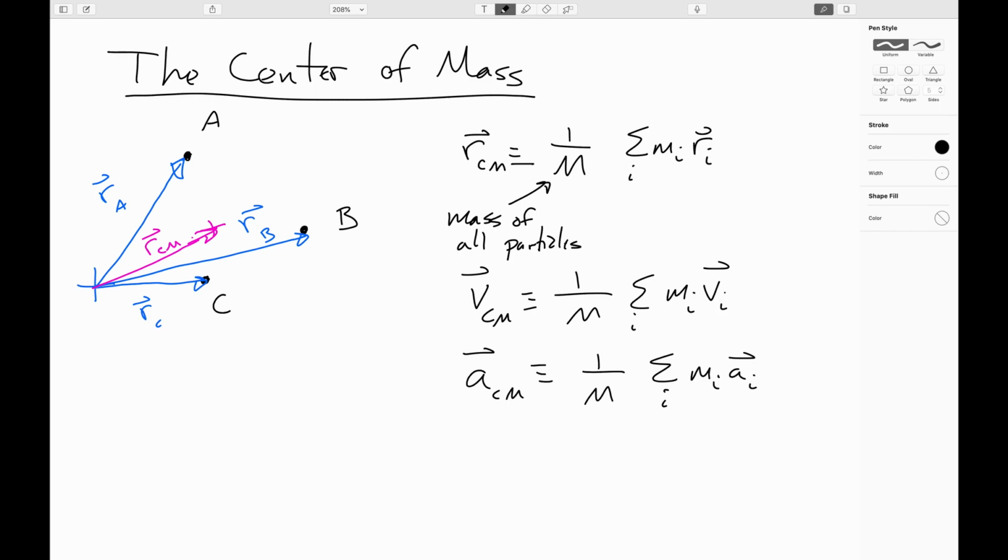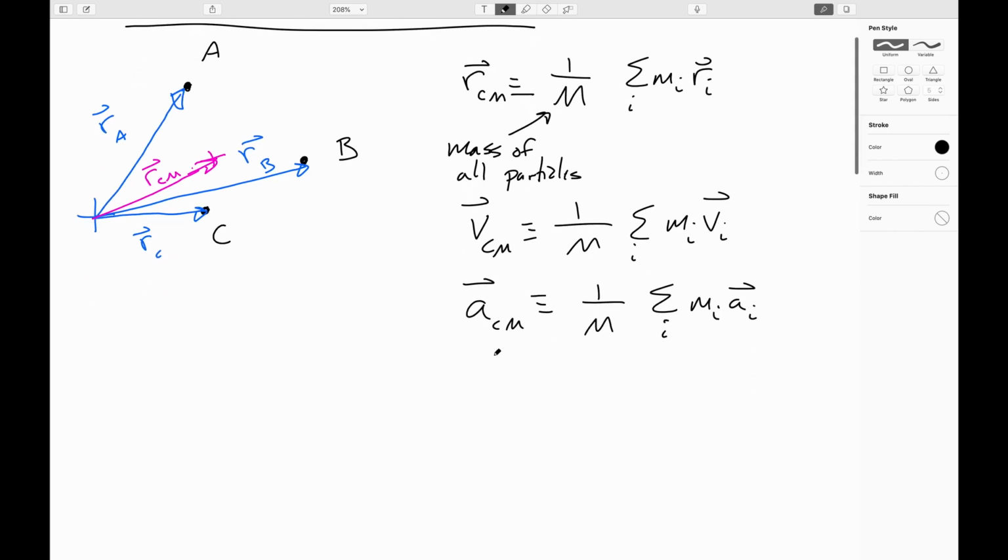So with that, just to make it a little more concrete, if we were working in components here, remember that our coordinates all have signs. The way you would find the x coordinate of the center of mass would be to take the mass of particle 1 times the x coordinate of particle 1, plus the mass of particle 2 times the x coordinate of particle 2, and so forth.